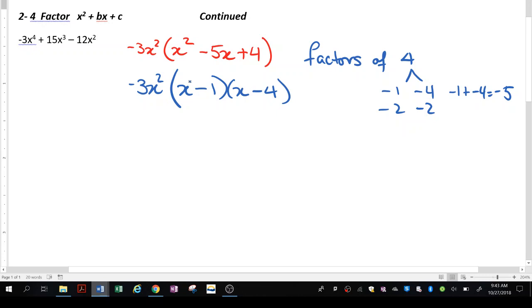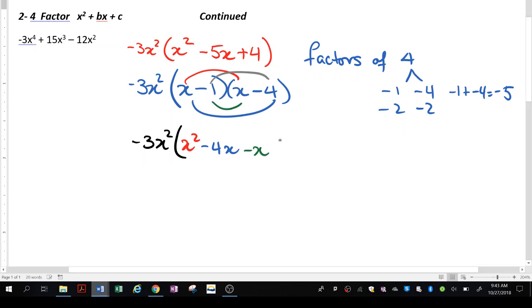And you'll notice if we FOILed this part, negative 3x squared, I'm going to put that out there. If we FOILed to make sure we got the correct answer, this would be x squared minus 4x minus x plus 4. You'll see that this gives us the trinomial that we originally had, x squared minus 5x plus 4.